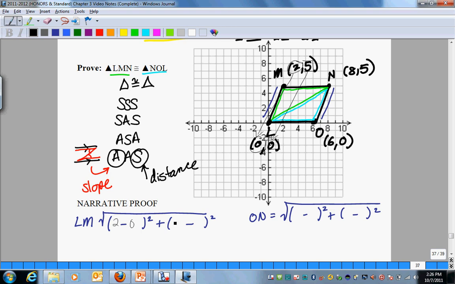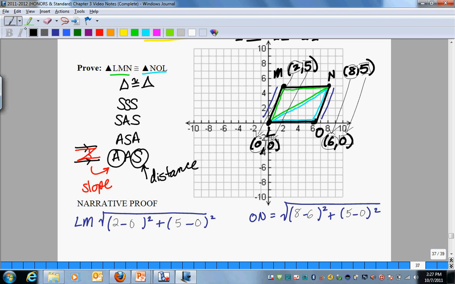I'm going to go 5 minus 0. Here, I'm going to keep the same direction. Circle your x's, top to bottom, and box your y's, top to bottom.